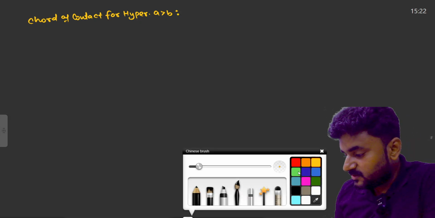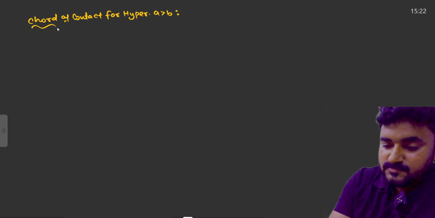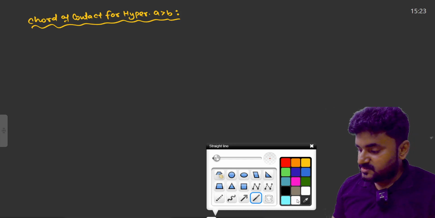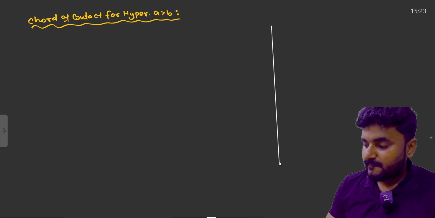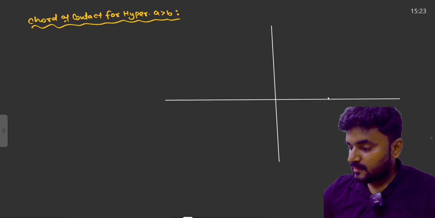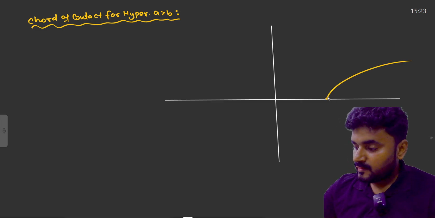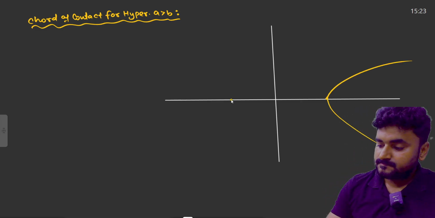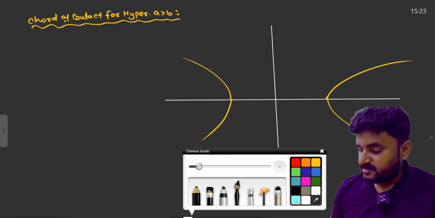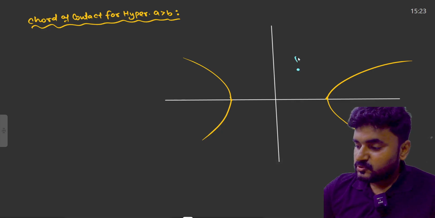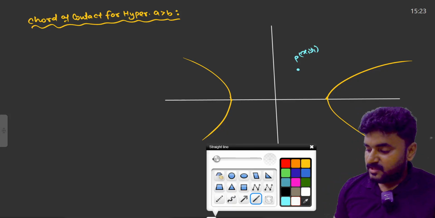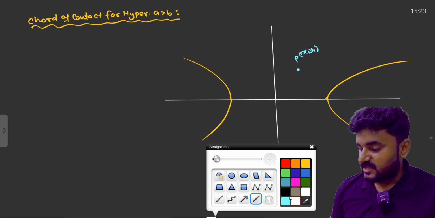Suppose this is your hyperbola, and from an external point P I draw any two tangents on this hyperbola.